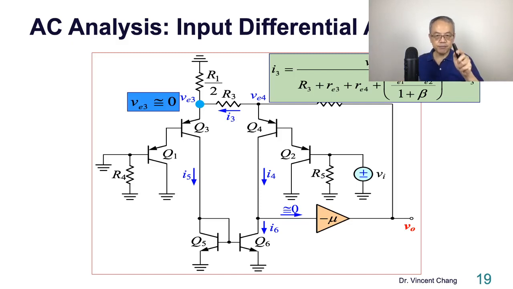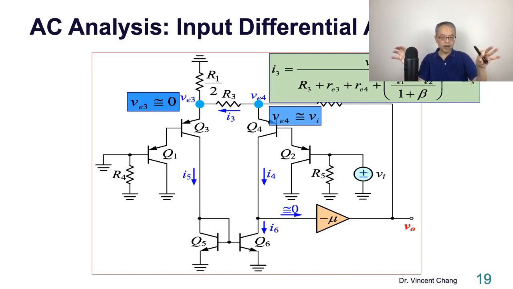By the same token, the second blue terminal should be approximately equal to VI. Because we neglect the 4 voltage drops, the total differential is going to fully drop on the external resistance R3, so VI.